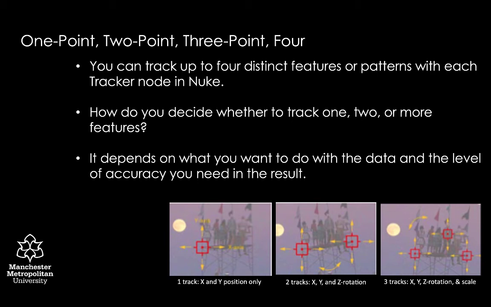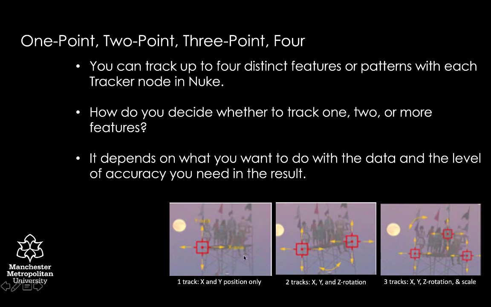It depends on what you want to do with the data and the level of accuracy you want as a result. Hopefully, when we are tracking to create really accurate shapes for rotoscoping, that's where we're going to start using the tracking data.